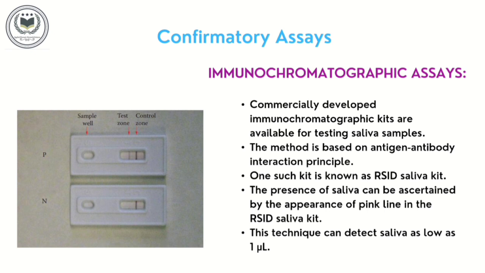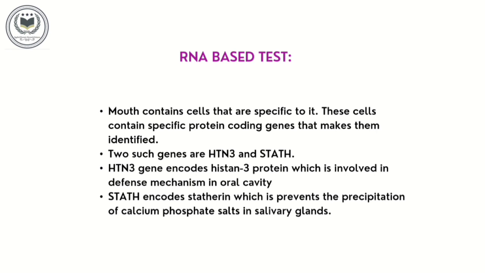There is another test, the RNA based test. The mouth contains cells that are specific to it, and these cells contain specific proteins encoded by genes that make them identifiable.